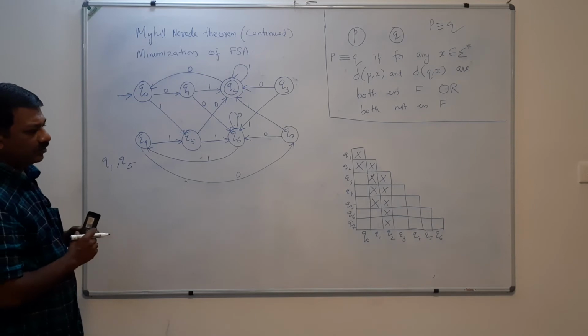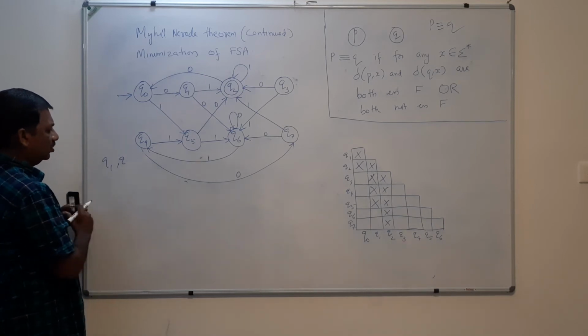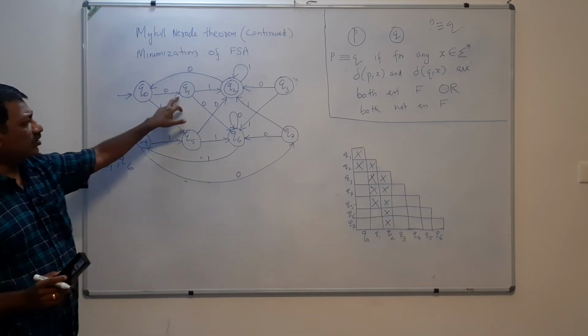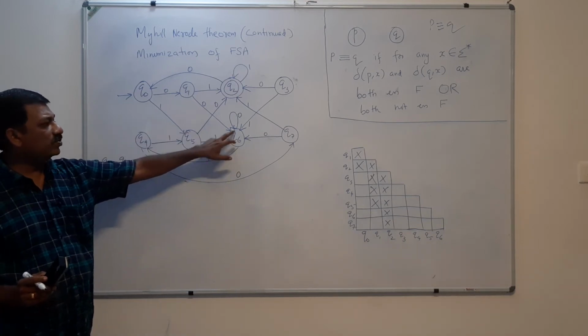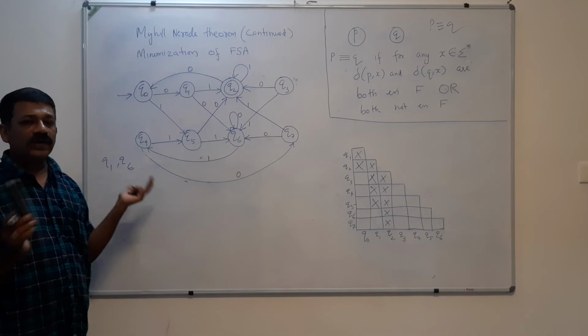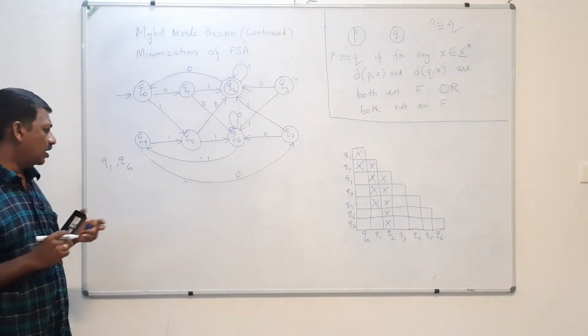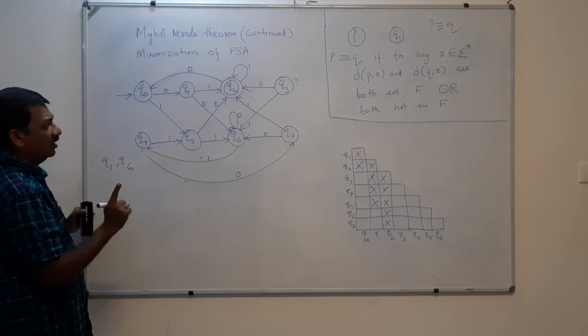Now Q1 and Q6. What will happen? I have to apply 0. Q1 on 0 is Q6, and Q6 on 0 is Q6. We don't have any entry for Q6, Q6, so you cannot arrive at a conclusion. Now we have to apply 1.